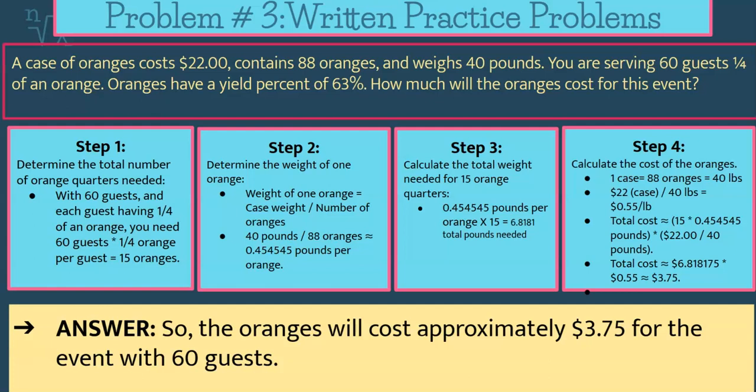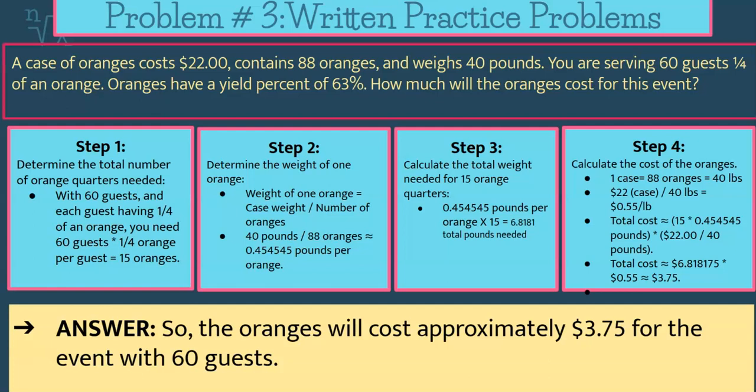Then we are going to calculate the total weight needed for 15 oranges. You take 0.454545 pounds per orange times 15, and we are going to need 6.8181 total pounds to meet the needs of the event.